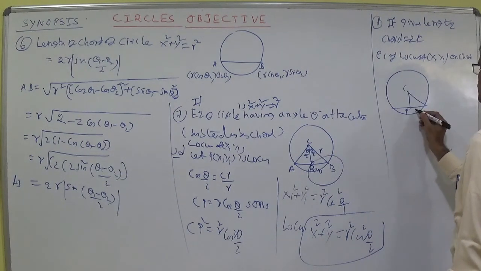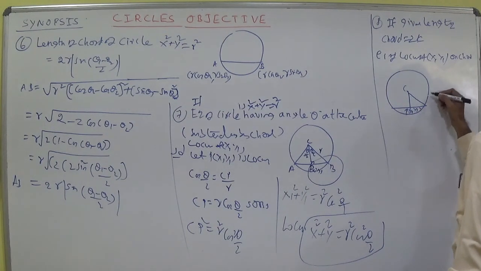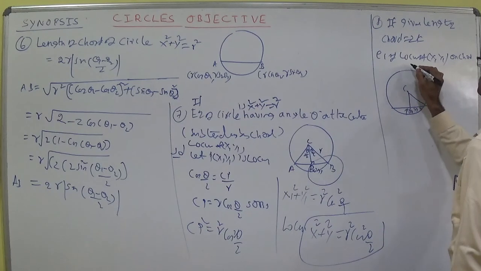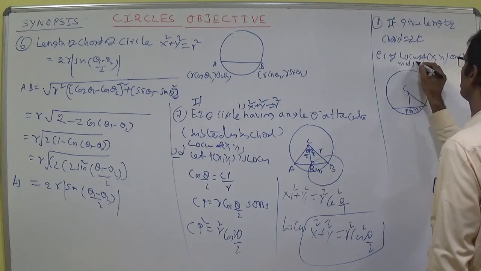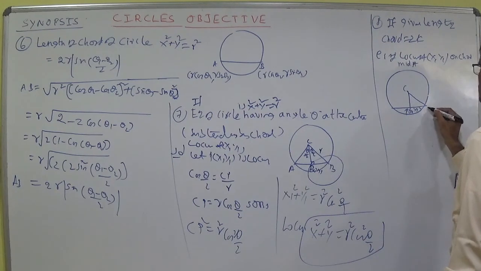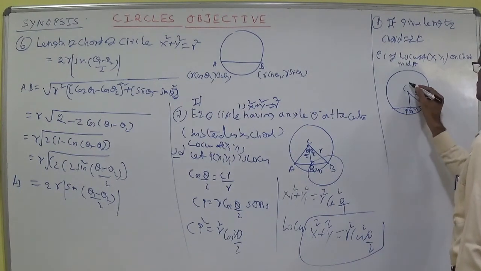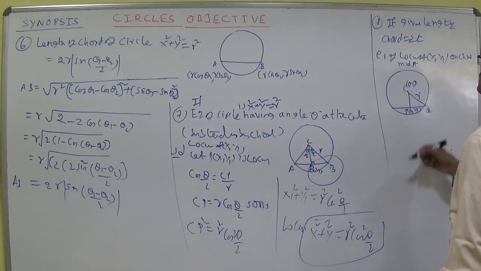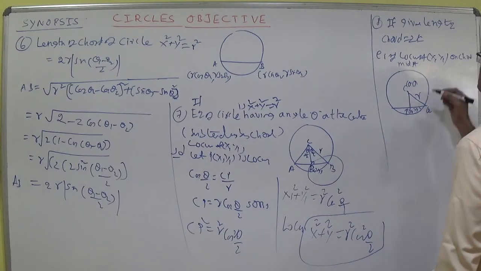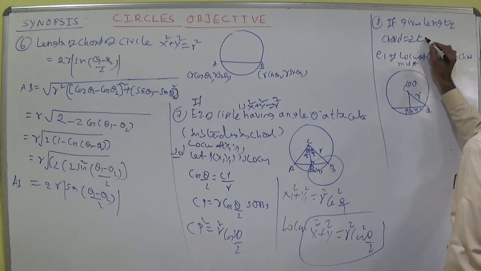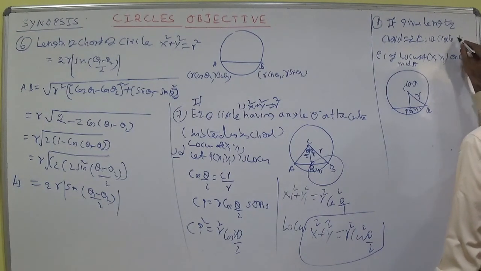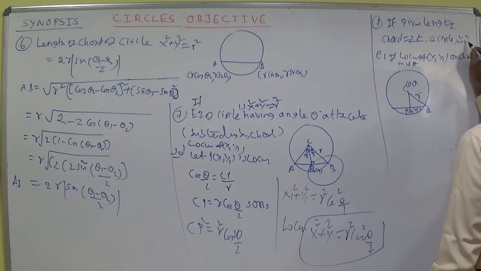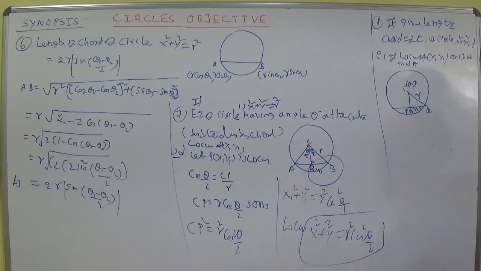Put here C, that is the midpoint. Equation of locus of midpoint. Here Q you put. This is R. This is center 0 comma 0. If the given length of chord is 2k, of circle x square plus y square equal to r square.